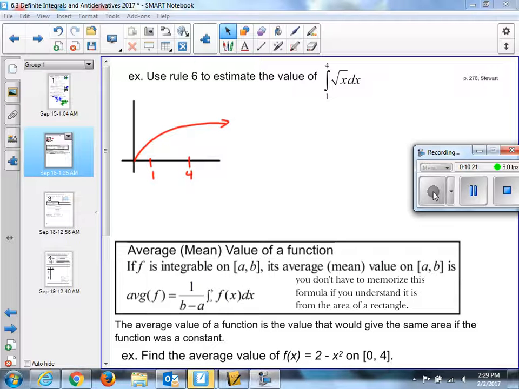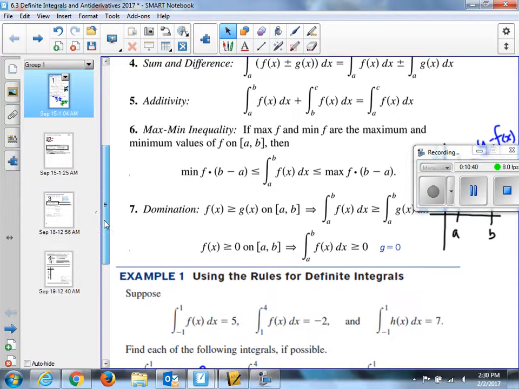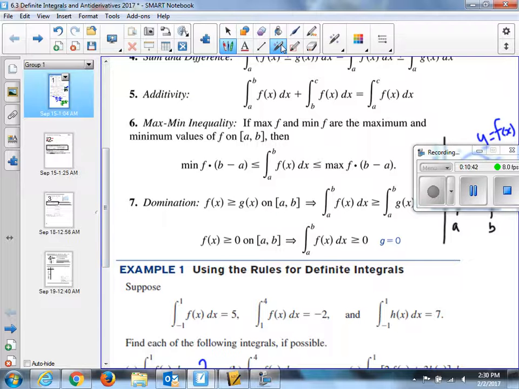Now, use rule 6. That's that domination one. The minimum on that domain, 1 to 4, and the maximum on that domain sort of sandwich in what the value of that integral will be.